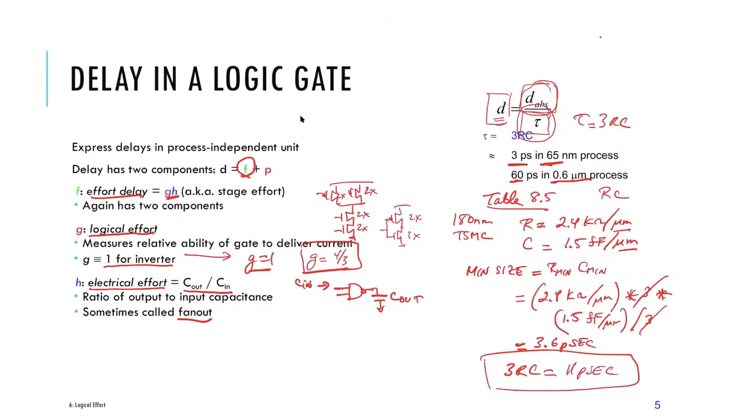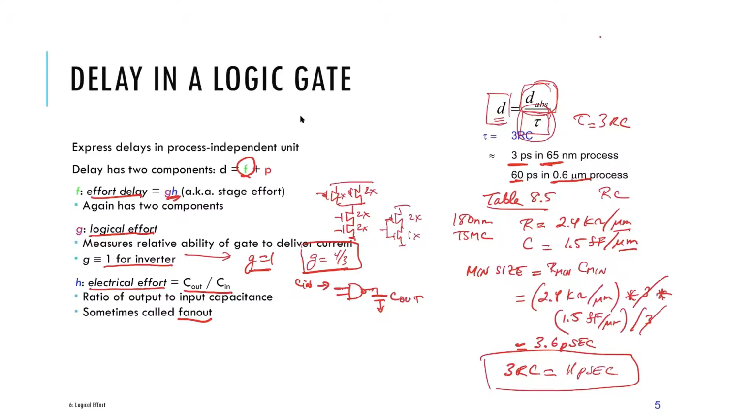So this first term, GH or F, really has to do with how well your device is driving a particular load. Okay, if it's a 3-input NAND gate, it has a harder time driving a particular capacitance than if it was a 2-input NAND gate.